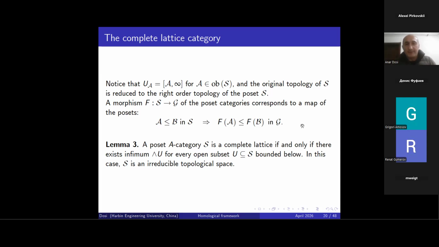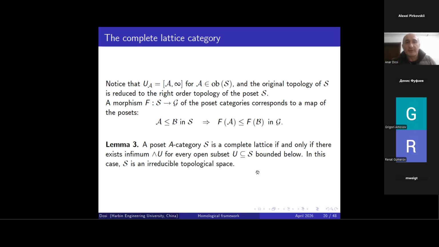Okay, for me, it's interesting when the poset category is actually a complete lattice. So we have a total supremum and infimum. So just a trivial lemma: the poset category is a complete lattice if and only if there exists an infimum for every open set bounded below. If you have an infimum for every open set bounded below, that will be enough.